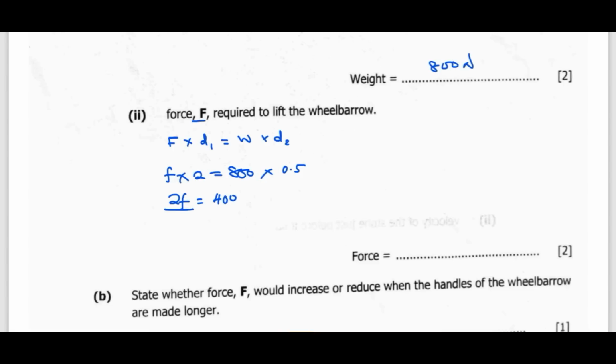Because we are solving for F, we divide by 2 on both sides, so F is equal to 200 newtons. So the answer is 200 newtons.